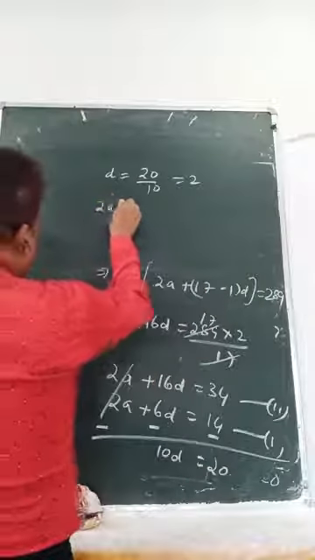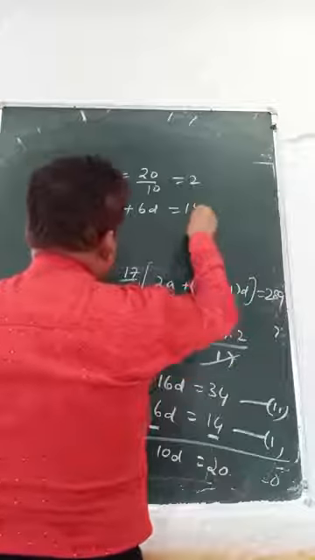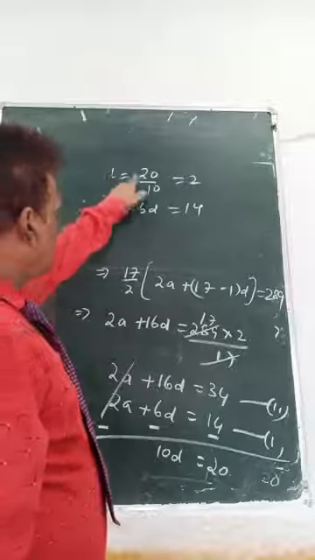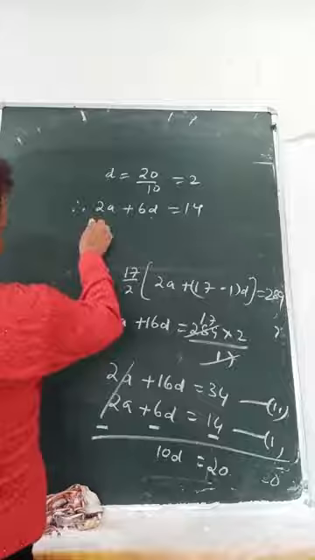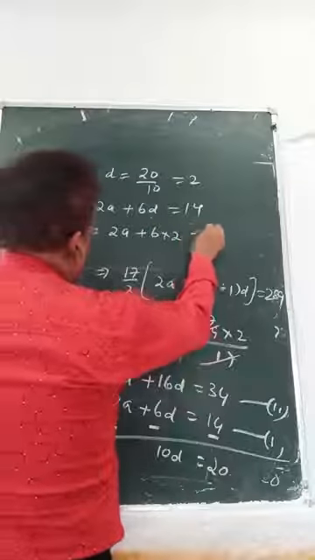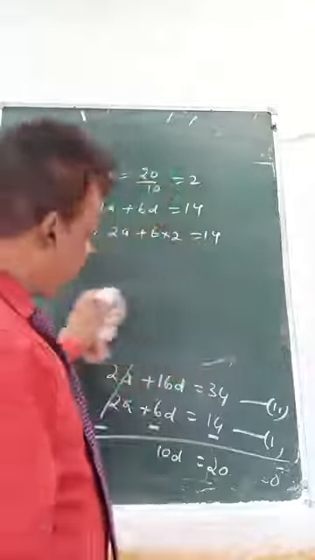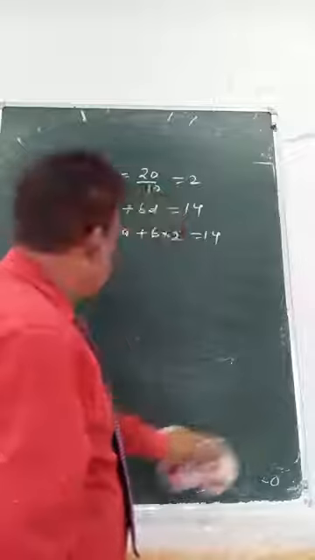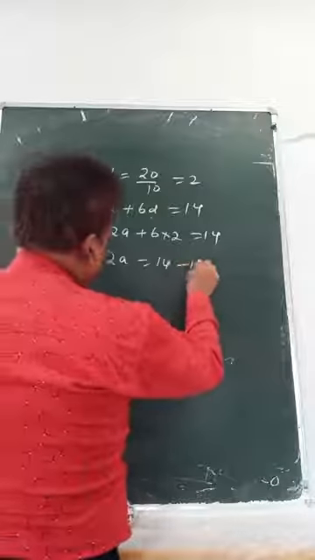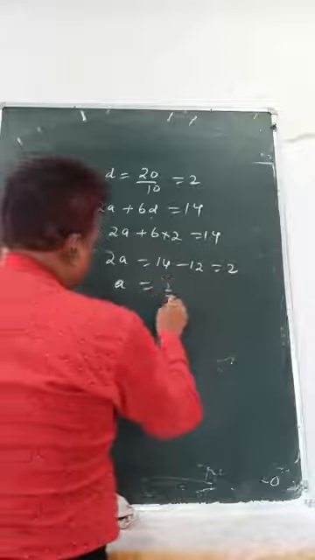So 2a plus 6d equals 14. In one of the equations, put the value of d. d will be 2 here. 2a plus 6 into 2 equals 14. Then 2a equals 14 minus 12, that is 2. a equals 2 by 2, that is 1.